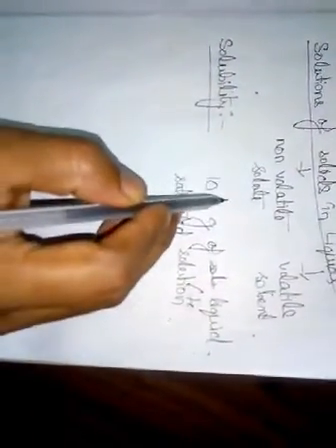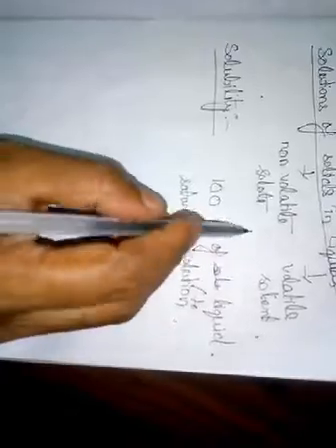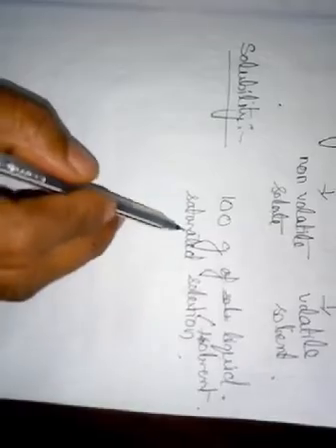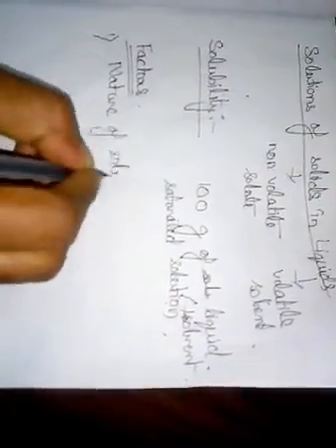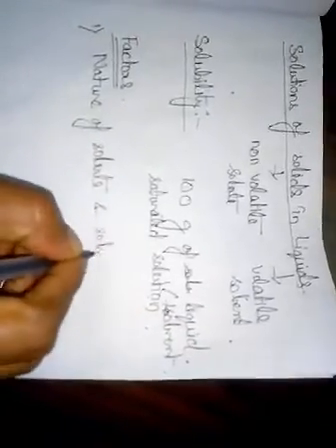The factors on which the solubility depends: the first factor is nature of solute and solvent, and the second factor on which the solubility of the solid depends is temperature.